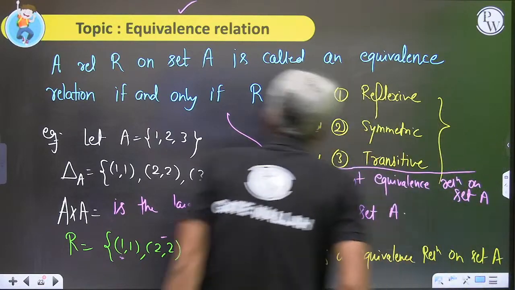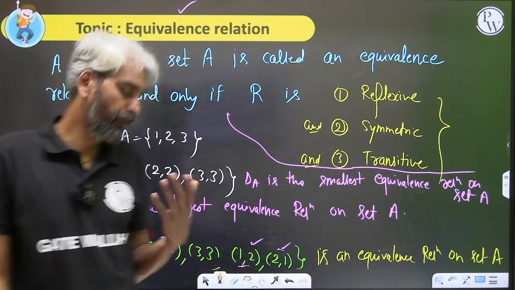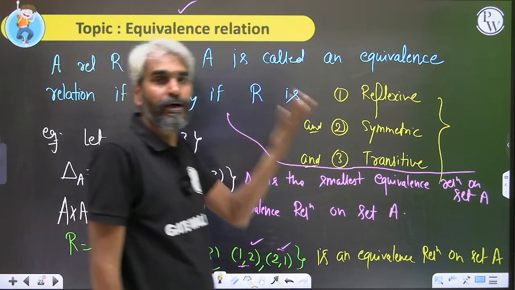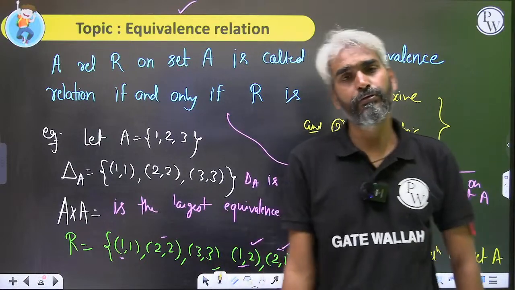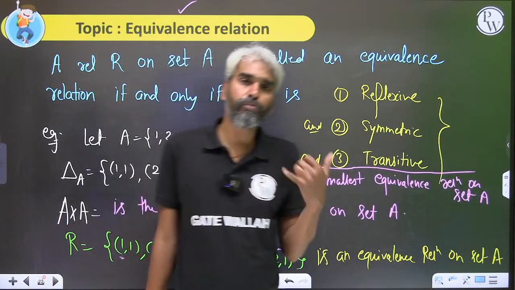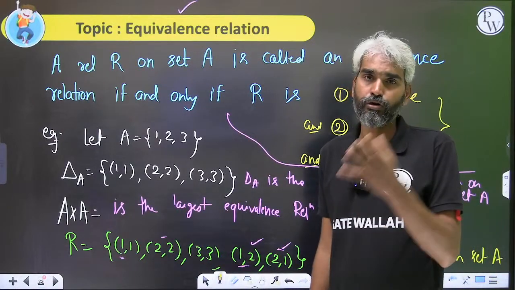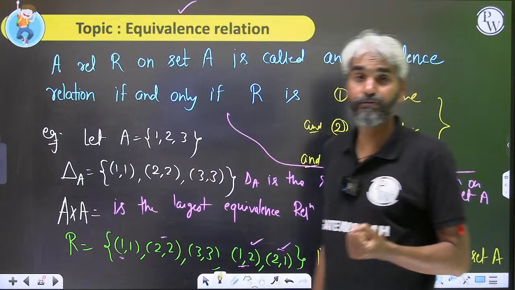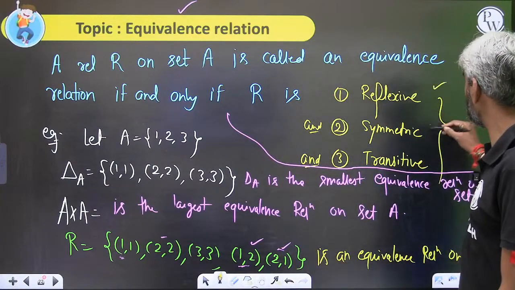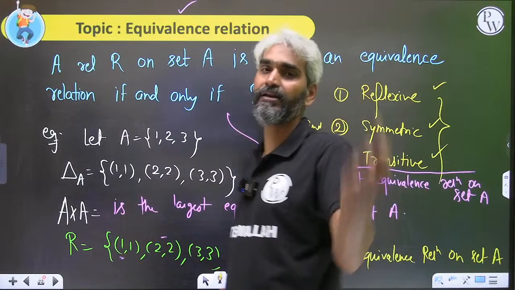There may be some other equivalence relations, but I'll not discuss them in today's class. Tomorrow, don't worry, don't think that we are skipping anything. No, sir, we are not skipping anything. It's just that tomorrow we need to discuss the concept of partial order relation. Partial order relation is also a combination of three different types of relations. Here it is reflexive, symmetric and transitive, whereas partial order relation will be reflexive, antisymmetric and transitive.